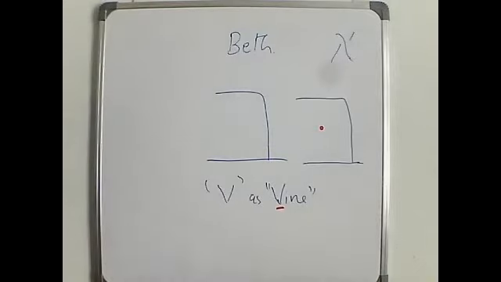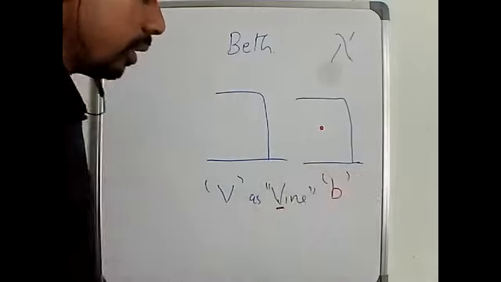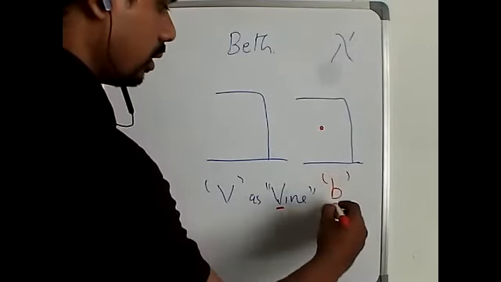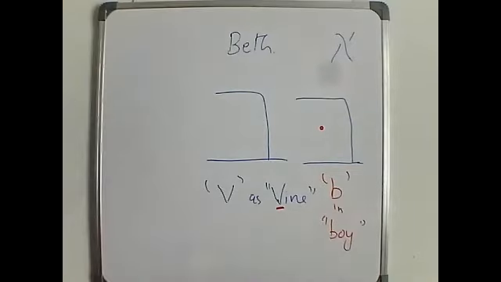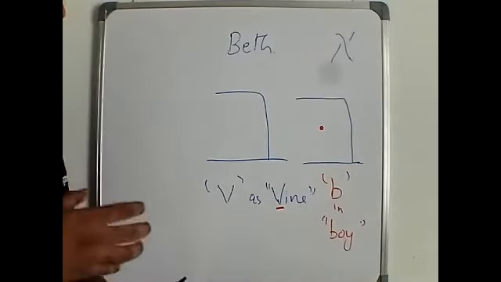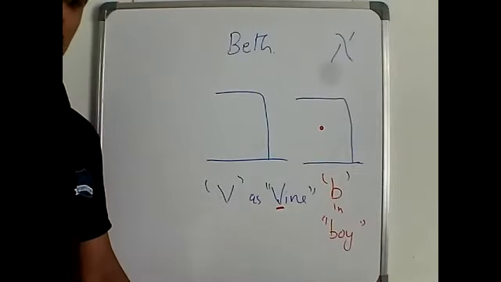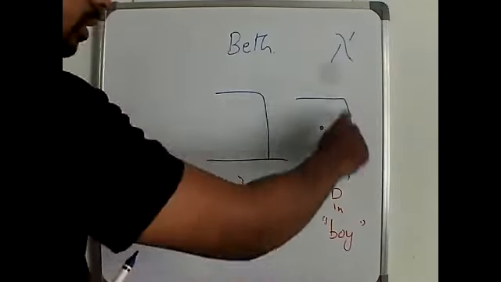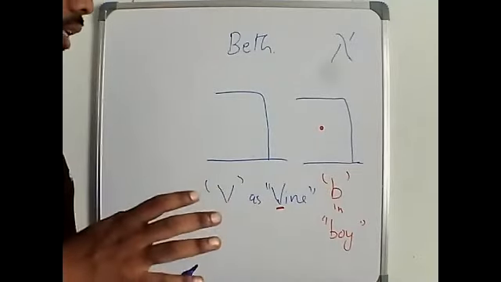If there is a dot, the sound is B, as in boy. How you sound the ba, boy, when you say ba, that's the ba sound. That is what it is when it comes in this form. I hope you understand.